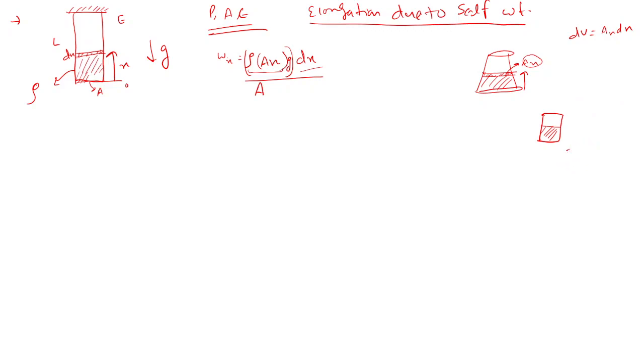That's why here a prismatic one only comes usually. So P l by A E. Now this would be the dl.